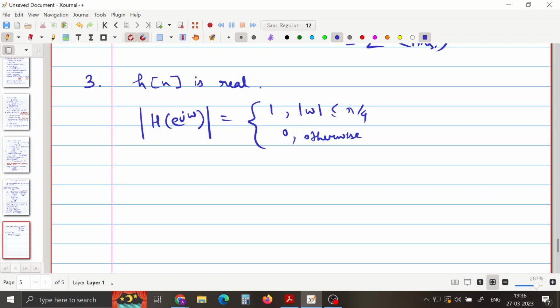This was taught in the lectures. Can anyone recall? If h of n is real, what kind of symmetry is actually followed by the magnitude response and the phase response?